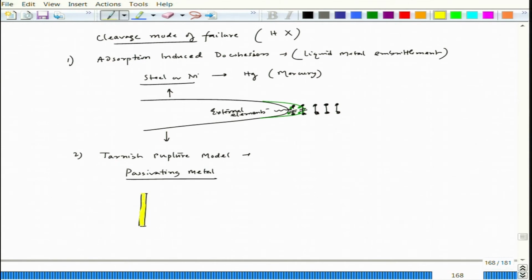Now, there could be a possibility that a stress is acting, and when stress happens, the crack tip is here, and this is the crack tip.